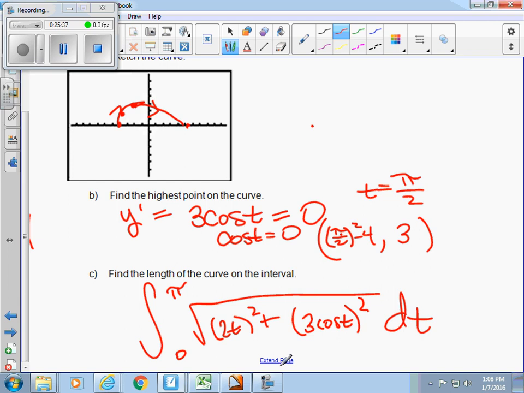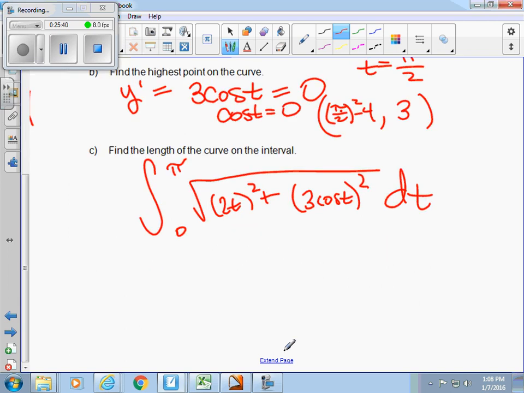Everyone agree with that? Does that look like an integral that you're going to be asked to do by hand? No? So since it does say find the length of the curve, type that in your calculator for me.